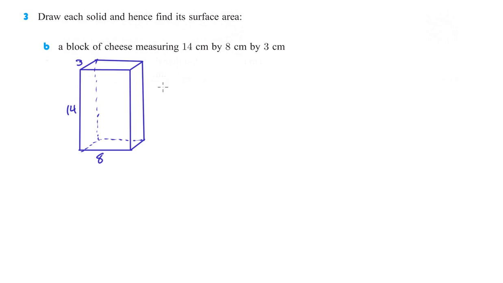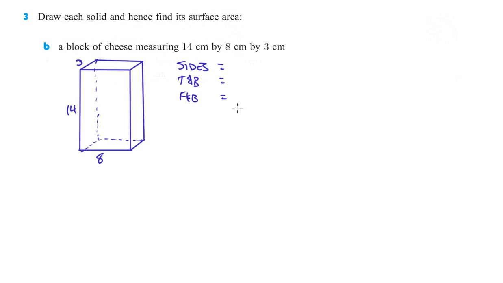That's going to be, again, the top and the bottom, the front and the back, and the left and right are all going to be the same. So let's find the sides, top and bottom, front and back, right?